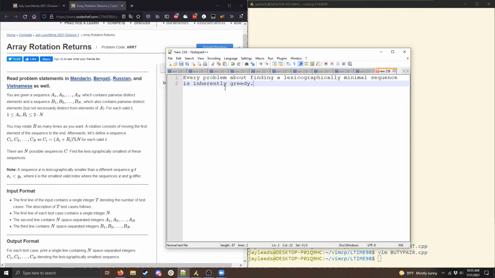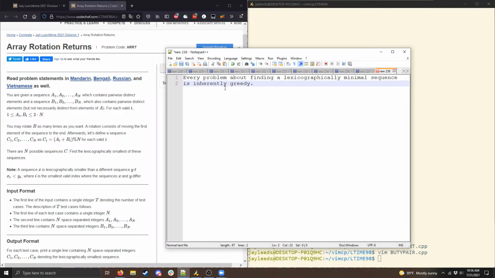On the given test input. Okay, so let me go through array rotations, and then I'll answer questions in the chat once I finish with this, because I'm guessing that there are people who want to hear about this problem. All right, so what I'm going to tell you is that every problem about finding a lexicographically minimal sequence is inherently greedy.